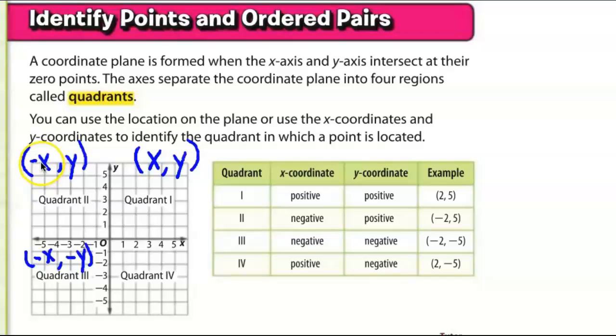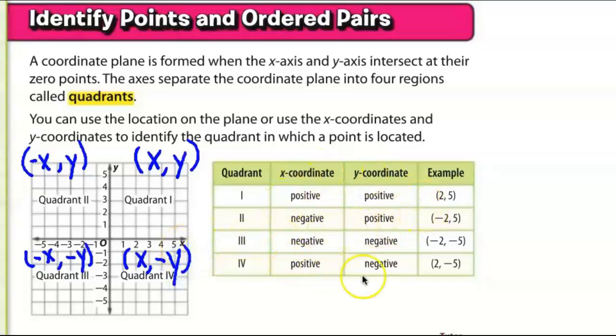If the x is negative in quadrant 2, over here you'll notice the x's are going to be positive. So quadrant 4, the x's are positive. And of course, if the opposite holds true, if this is a positive 7, these will be negative. So do you see down here on this number line, those are going to be negative y values.